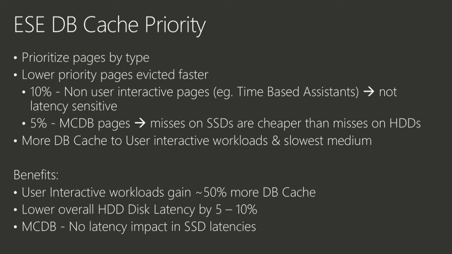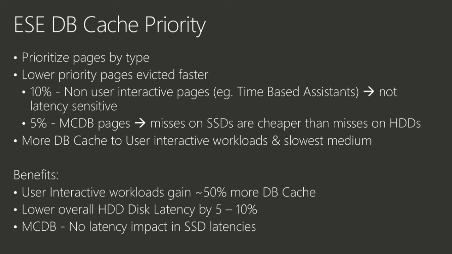And then we're also going to deprioritize MCDB pages. I'm sure people are going to say, hey, you just told me you're putting all the high value data into MCDB. Why are you now deprioritizing all this stuff from MCDB? Well, think of this as 3 layers: you've got your memory, you've got your SSDs, and you've got your HDDs. You're putting all the frequently accessed pages on the top layer, which is the memory. But if you're an MCDB page, you're already pretty fast, right?